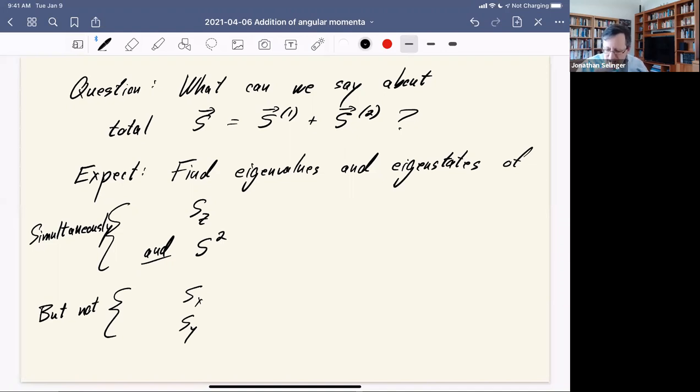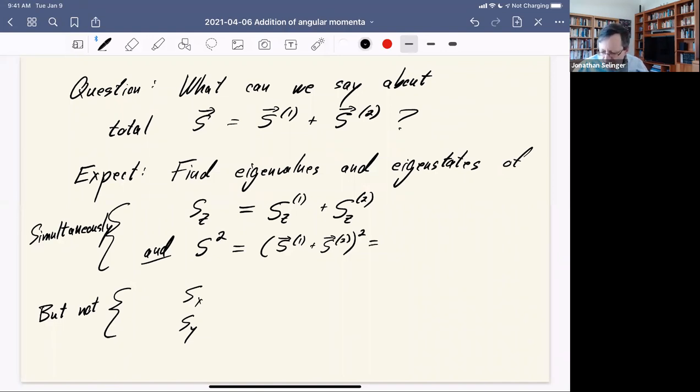The combined S is a vector of operators, but still it adds up like other vectors. So the combined SZ is SZ for particle 1 plus SZ for particle 2. The combined S squared is the vector S1 plus the vector S2, squared.